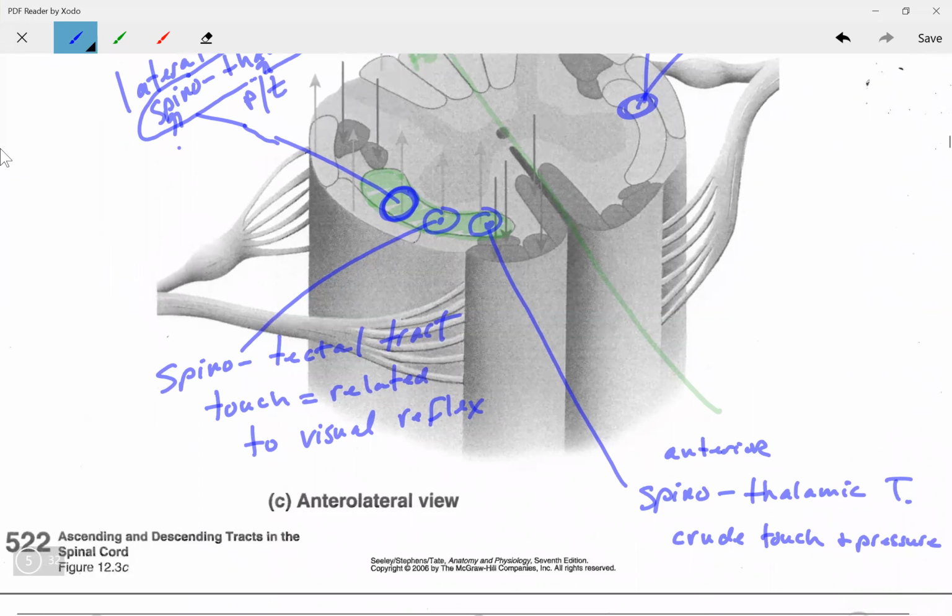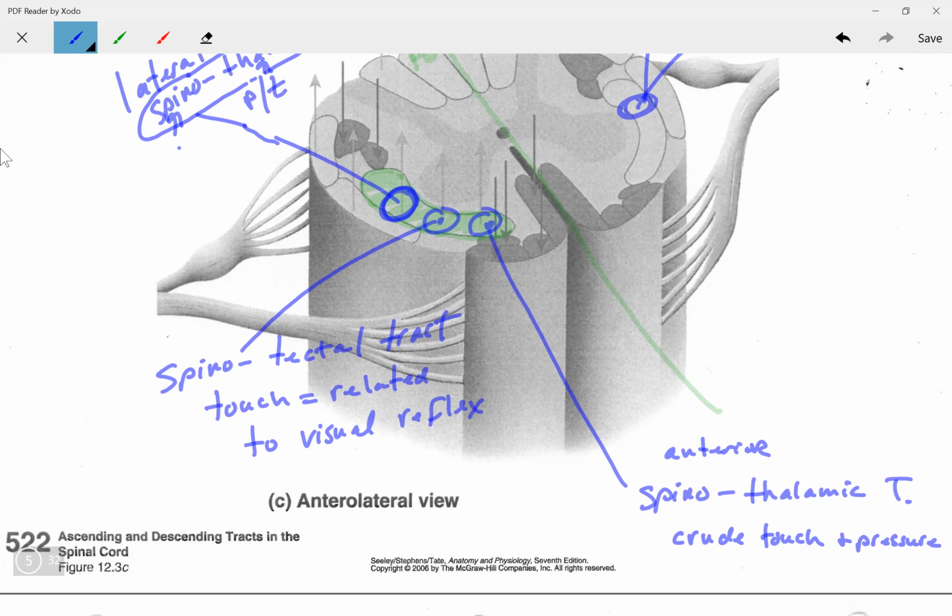Okay, so there's fine touch, like the way a pen feels in your hand. And then there's crude touch, which is getting more into, is this harmful? Like for example, you could pick up a thumbtack, and if you're careful, that would be light touch, or excuse me, fine touch.